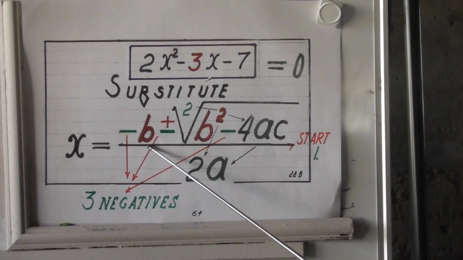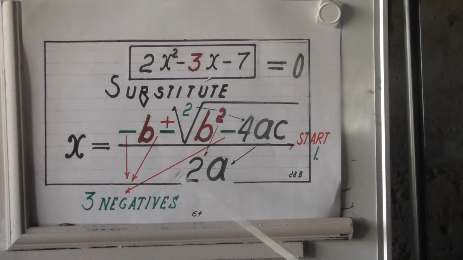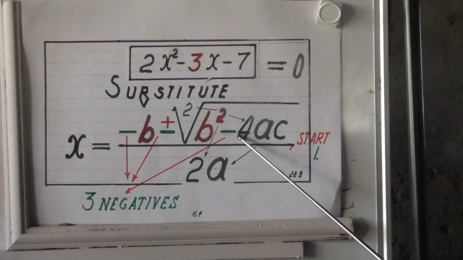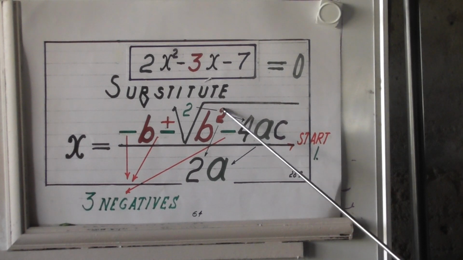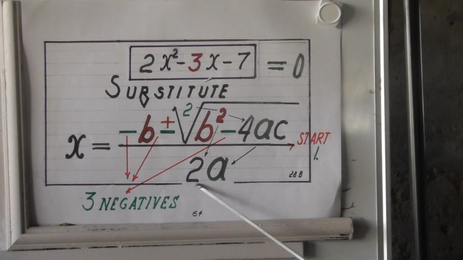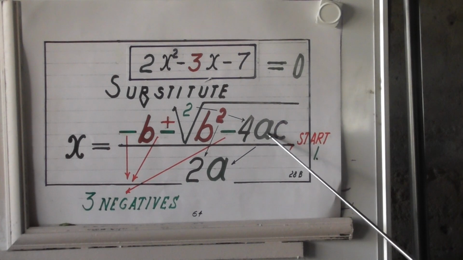This is a single B, inside it is B squared. This is already there. And then our 2 goes twice this one. So that's 4A. We have used the A and the B, so now we use the C as well.